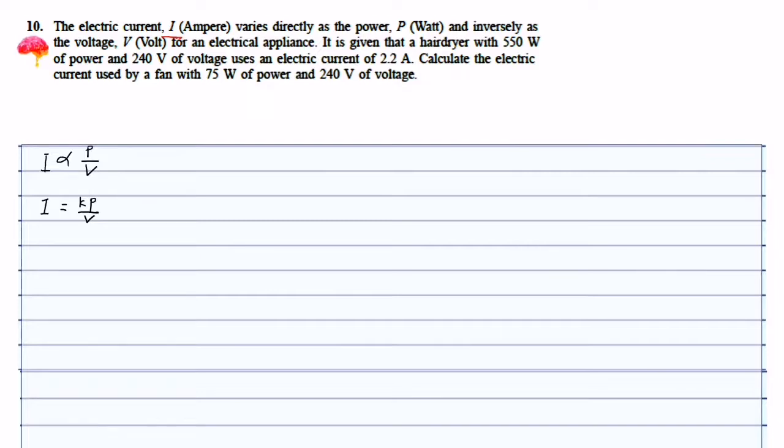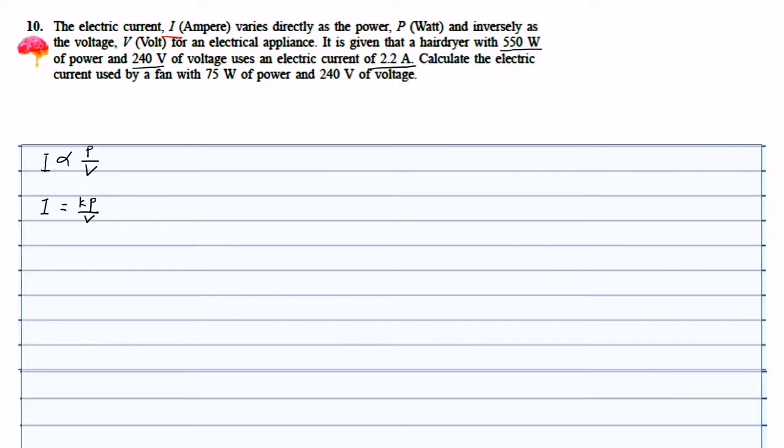Okay, now it is given that a hair dryer with 550 watt of power and 240 volt of voltage uses an electric current of 2.2 ampere. Okay, all this information is for us to find the constant.